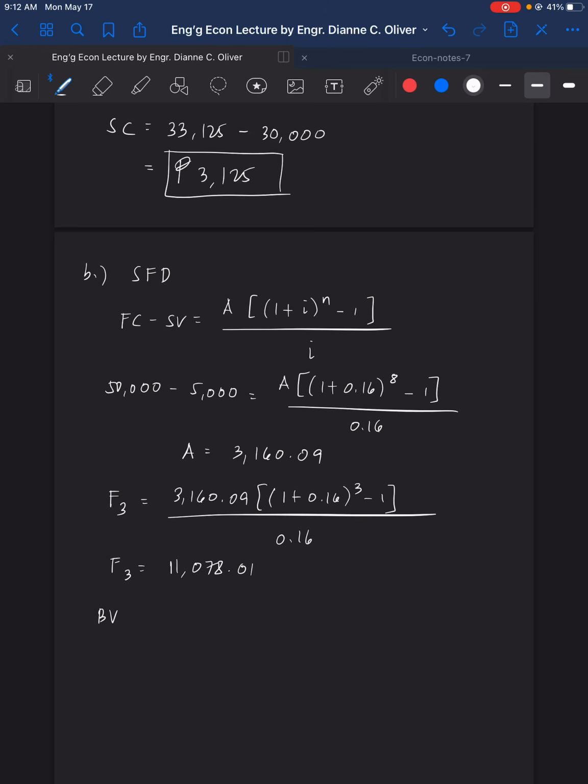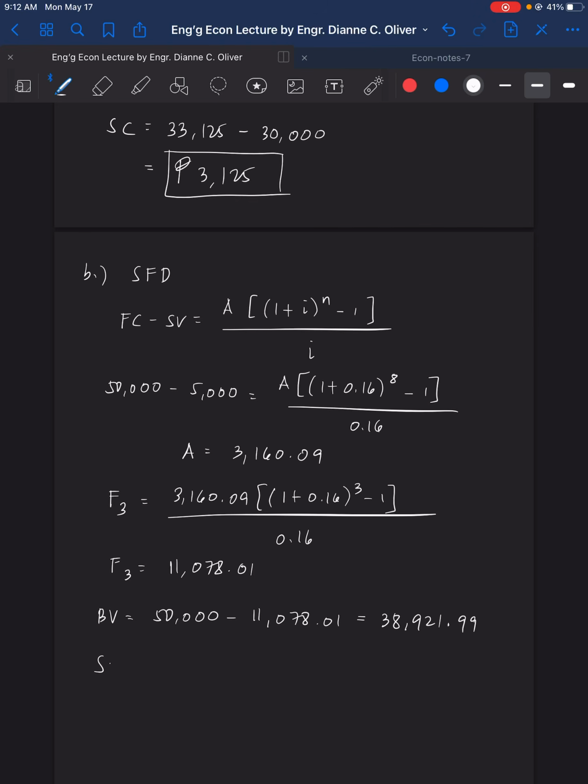Therefore, book value now is equal to the first cost of 50,000 minus the total depreciation of 11,078.01. So book value is equal to 38,921.99.